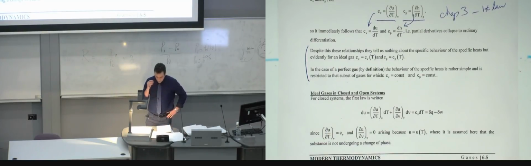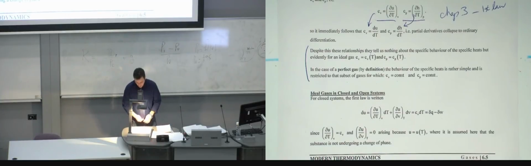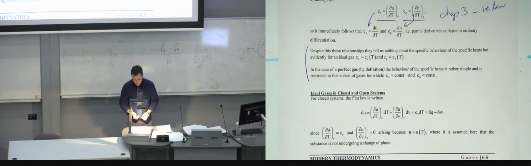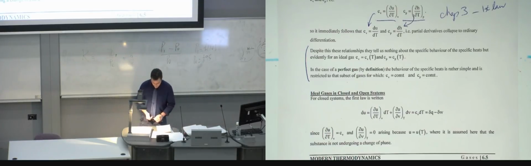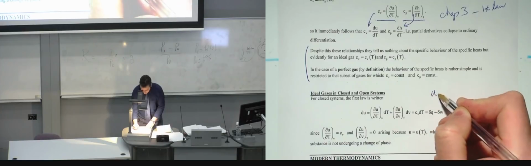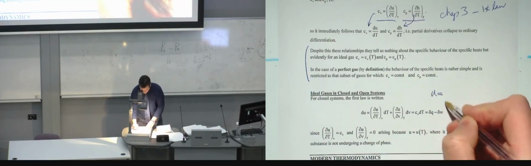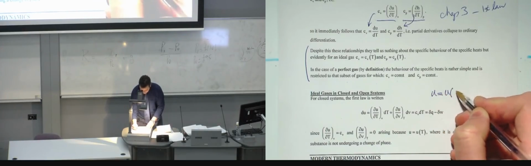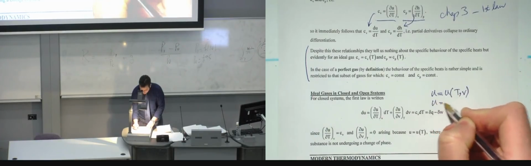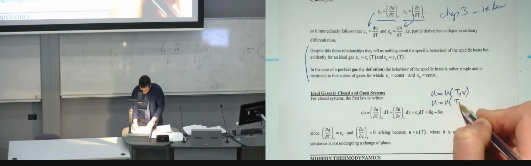Now, we're going to start looking at the ideal gases in closed and open systems. Going back to the 2-property rule, theoretically, I could say that U could be defined as a function of temperature and specific volume, or actually could be a function of temperature and pressure.